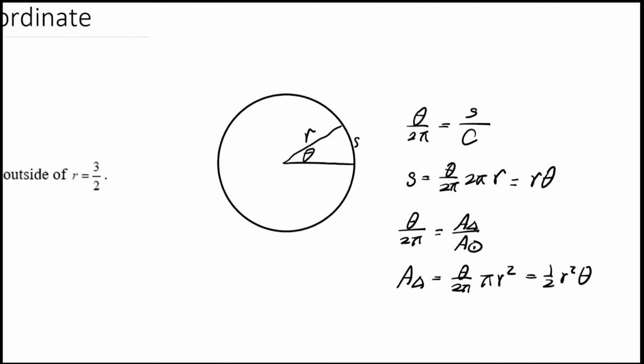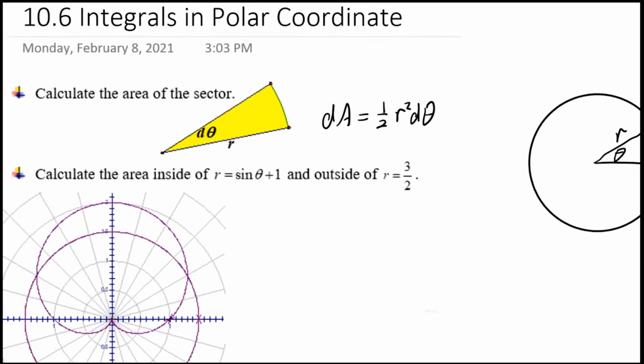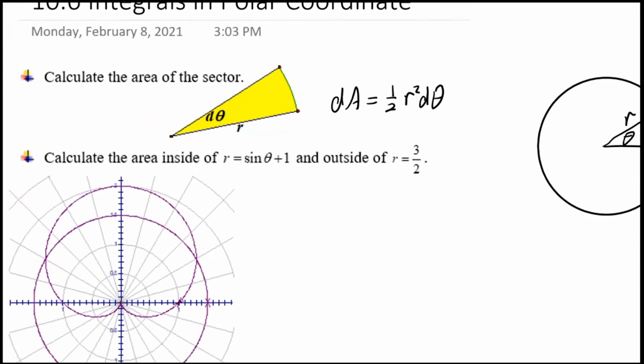Okay, so let's remember this. In this case, your dA, because this is infinitesimal, tiny little, is 1/2 r squared d theta. How about that? Okay, we kind of need that.